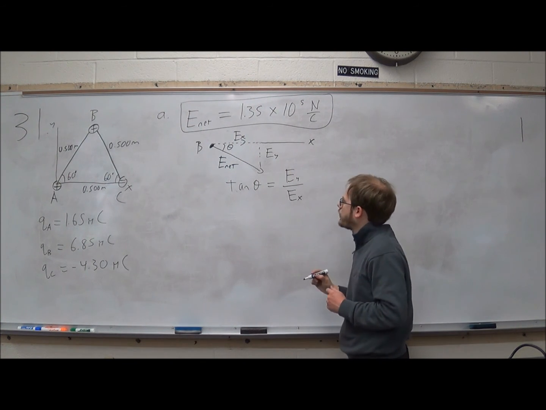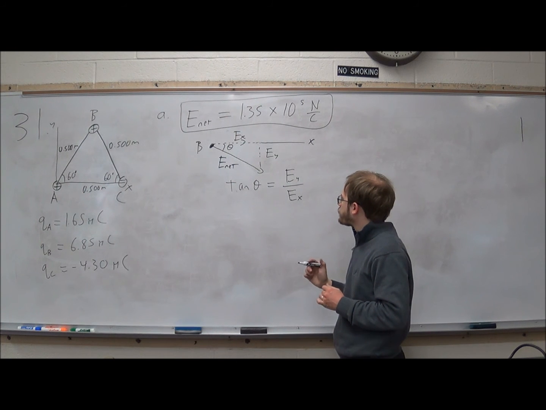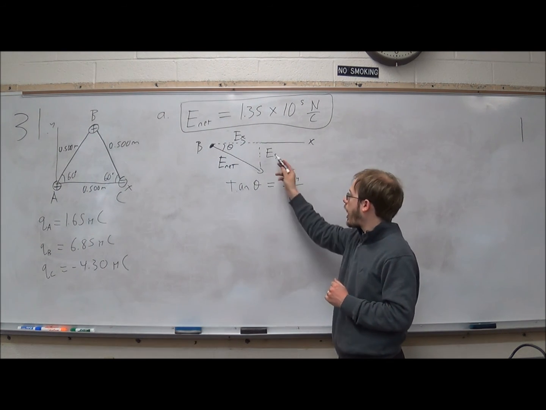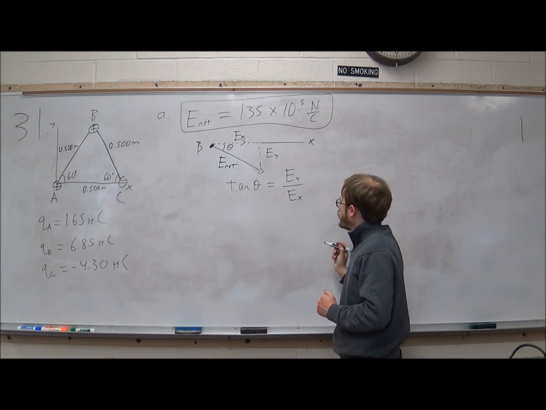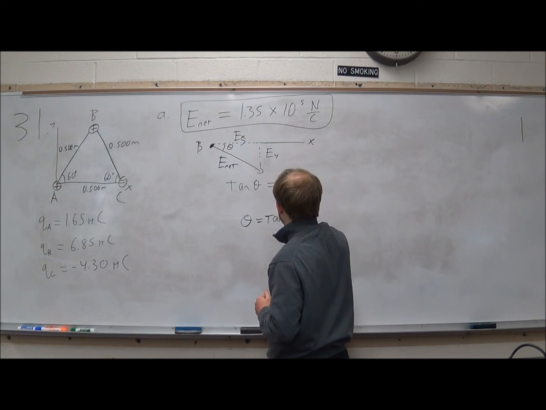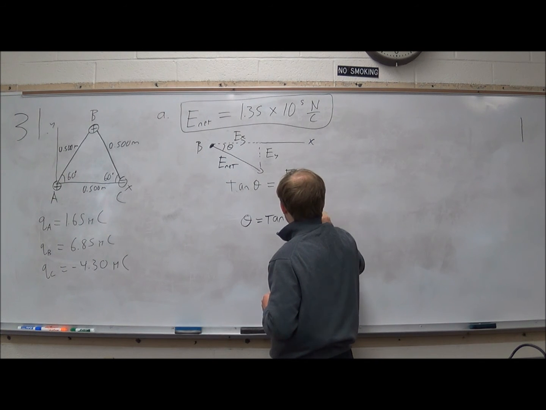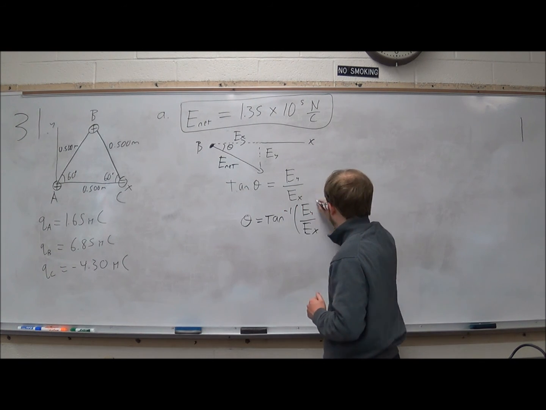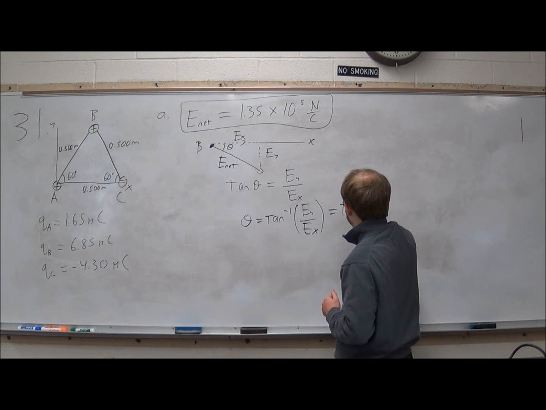Right? Tangent is TOA, opposite over adjacent. So then that means that theta is equal to the inverse tangent of EY over EX, which is the same thing as the inverse tangent.